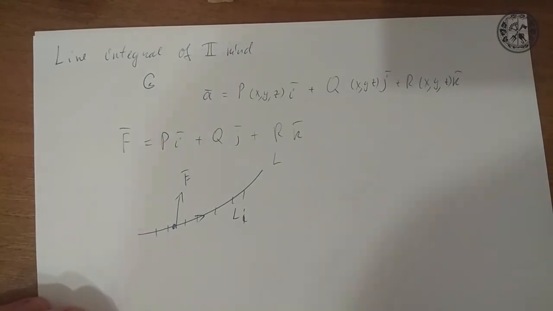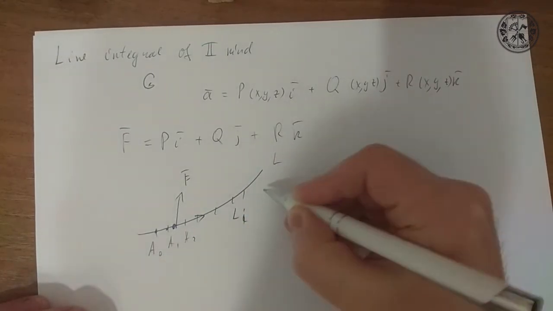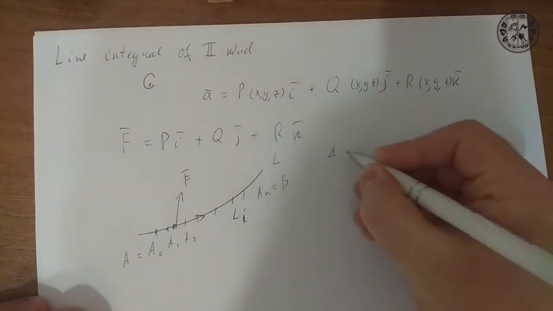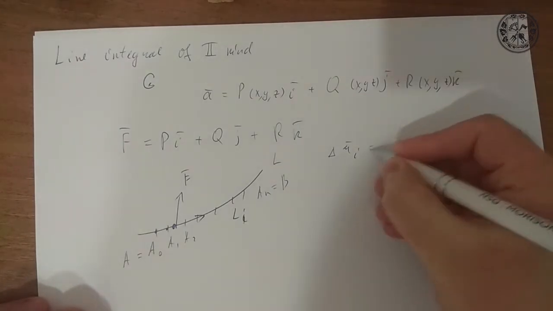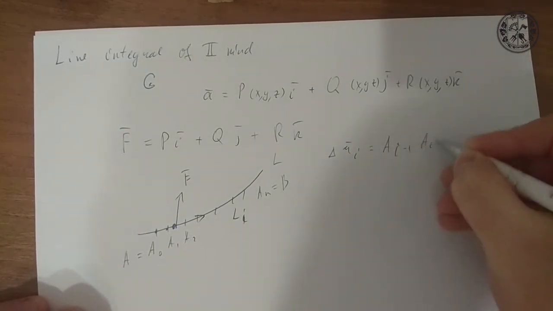These pieces will be defined by points A0, A1, A2, and so on till An. The first point is A, the final point is B. And these pieces we denote as delta Ri. So this will be the vector from A(i-1) to Ai.